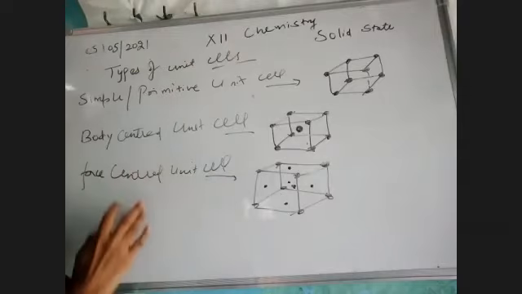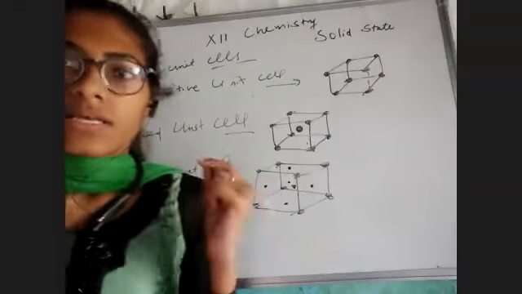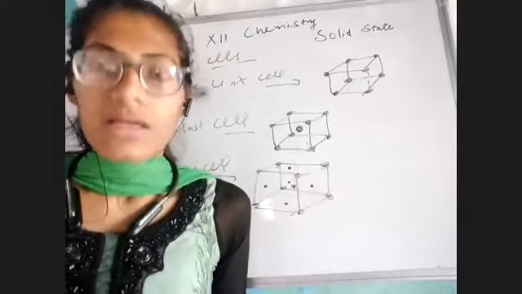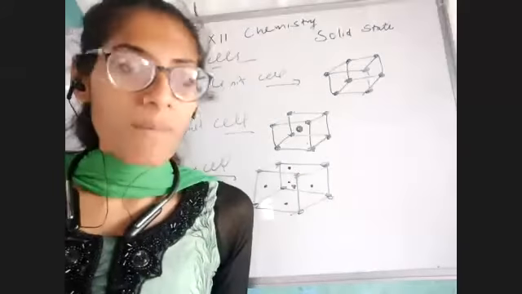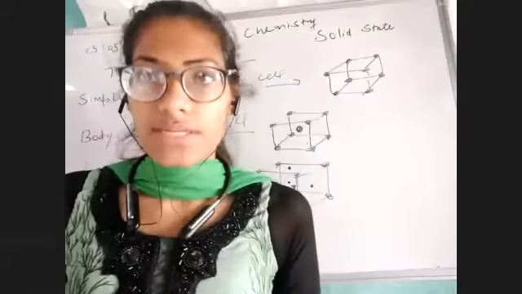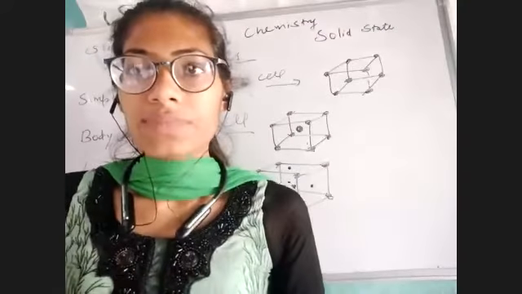Basically, we have three types: simple or primitive, body centered, and face centered. Lastly, we have end centered too, but that's not so much discussed, and we will not study much about that topic.